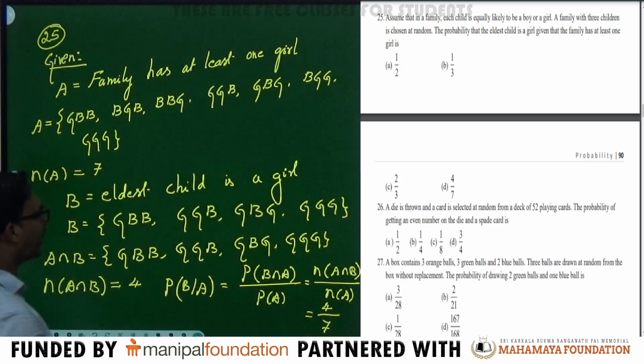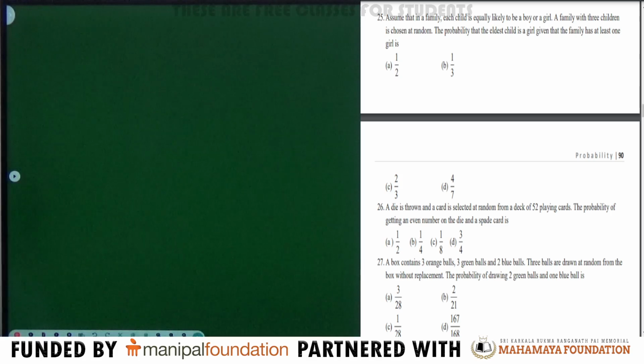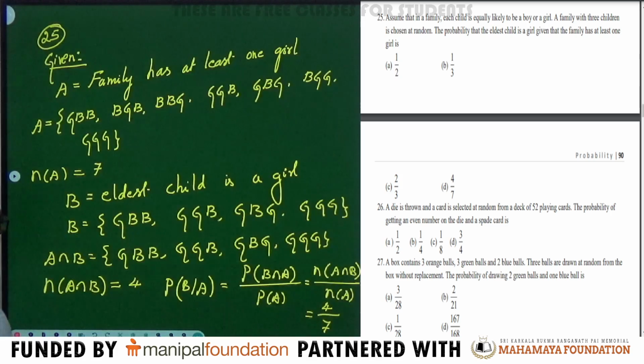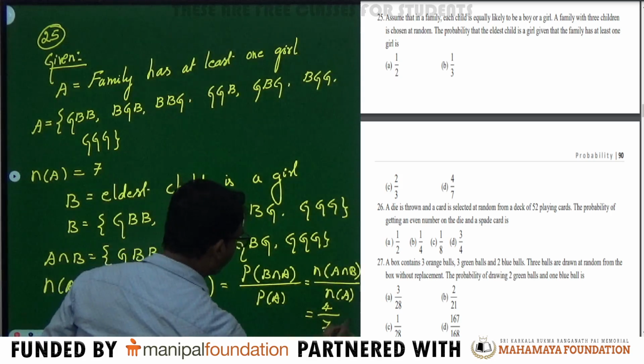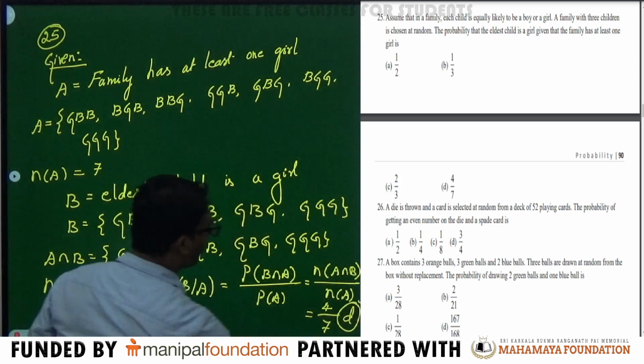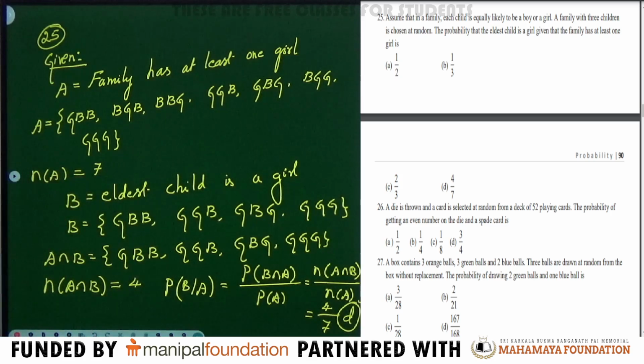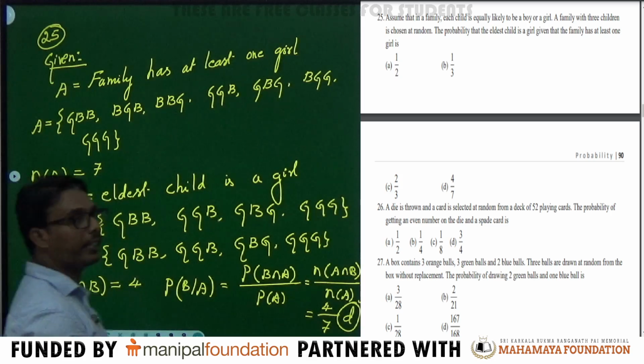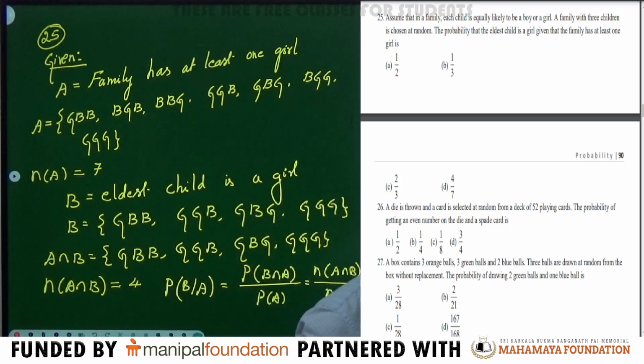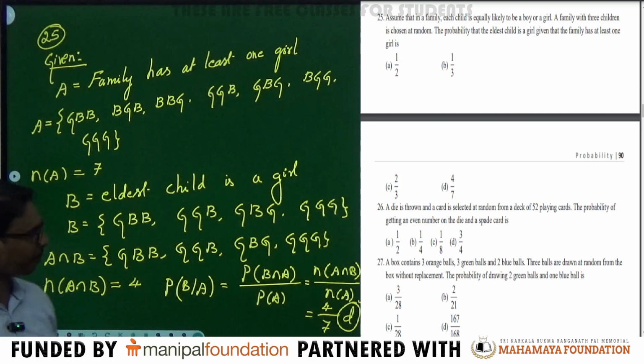Therefore, the answer is 4 by 7. Yes, the correct answer is option D. So this problem is based on conditional probability. Next problem.